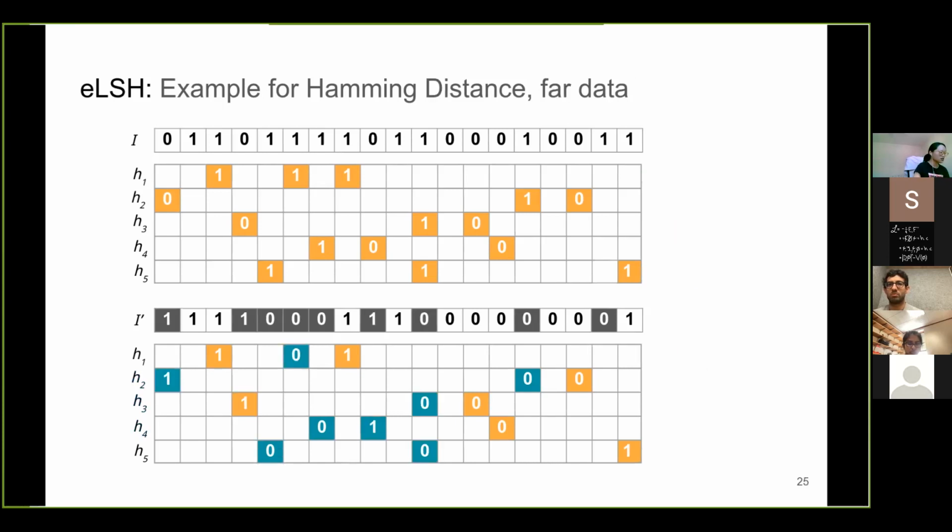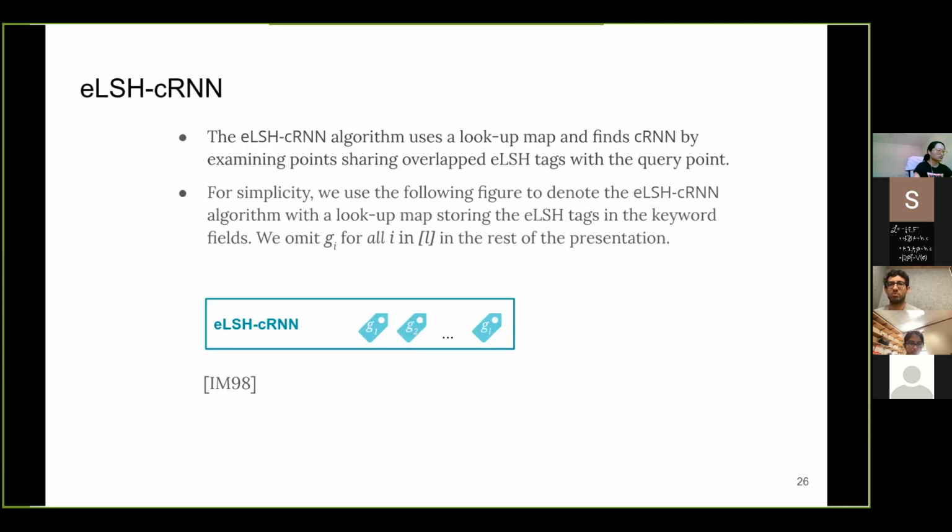Well, for far data, I and I prime, there's no hash match here. And we have the ELSH ready. Let's move to the ELSH CRNN algorithm. Basically, we compute the ELSH hashes of all the data points and store them in a lookup map. To solve the CRNN problem, we find the CRNN of the query point by examining the points sharing overlapping ELSH hashes with the query point.